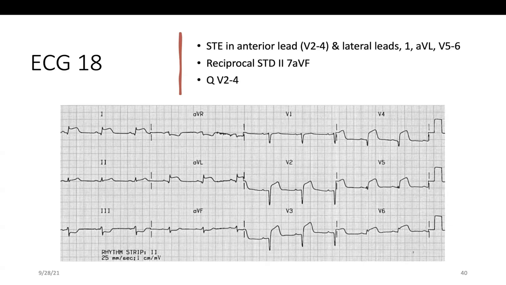Yes, proximal. And you know, the definition of proximal LAD is different between trials and between experts. For us, proximal LAD is before the first septal. If the occlusion is before the first septal, then you will find ST elevation in AVR.